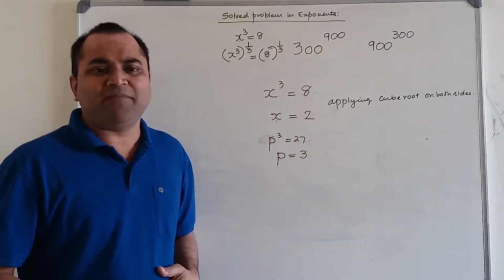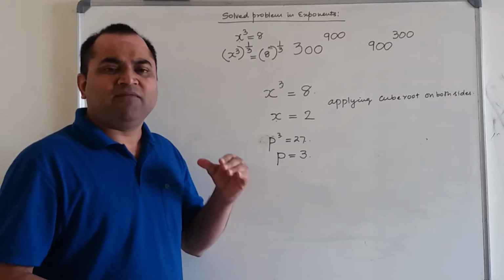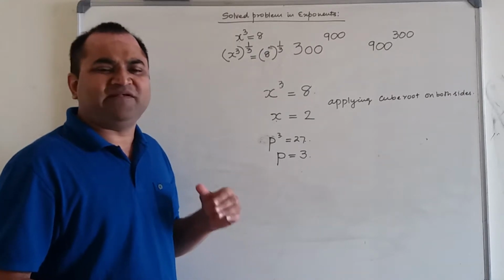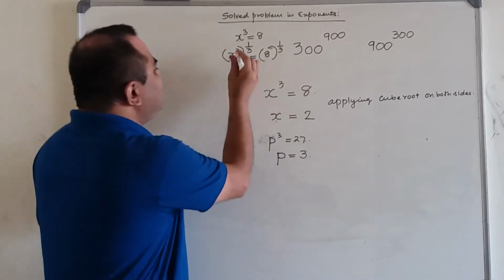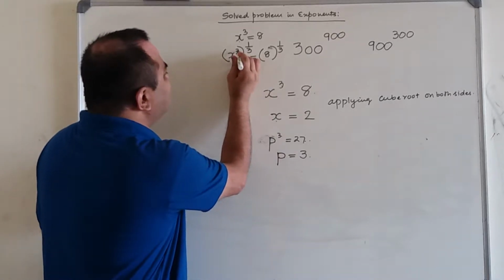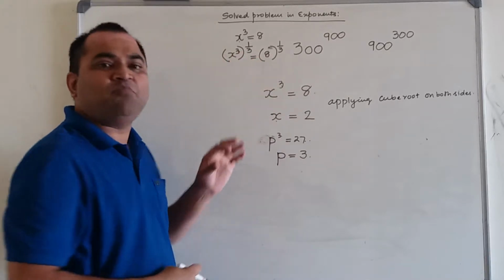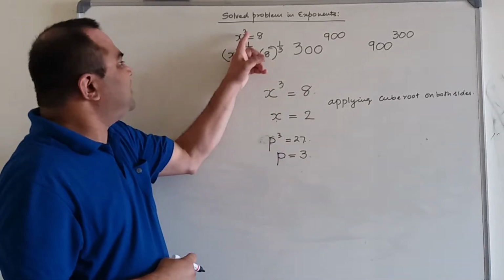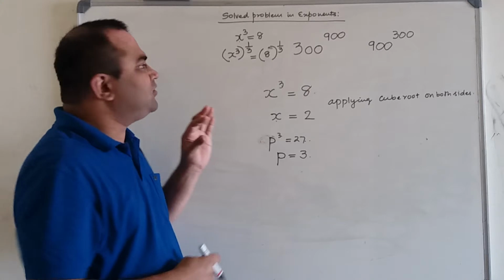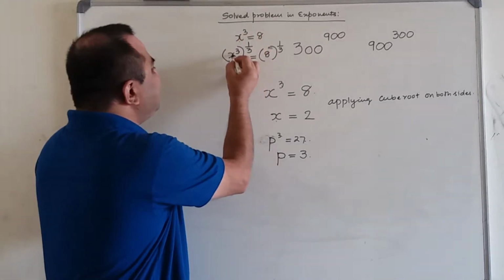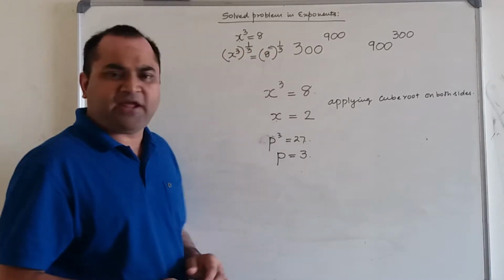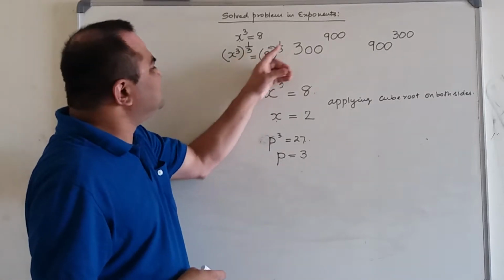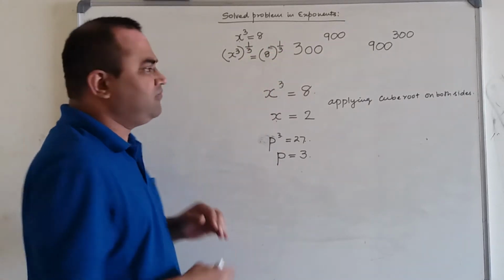How do we know that 1 by 3 is the common root that has to be applied on both sides? Because you have a cube here. So we want the number in the power's place to become 1. For that, 3 must go away. So for 3 to go away, raise this side to power 1 by 3. Similarly, raise 8 to power 1 by 3.